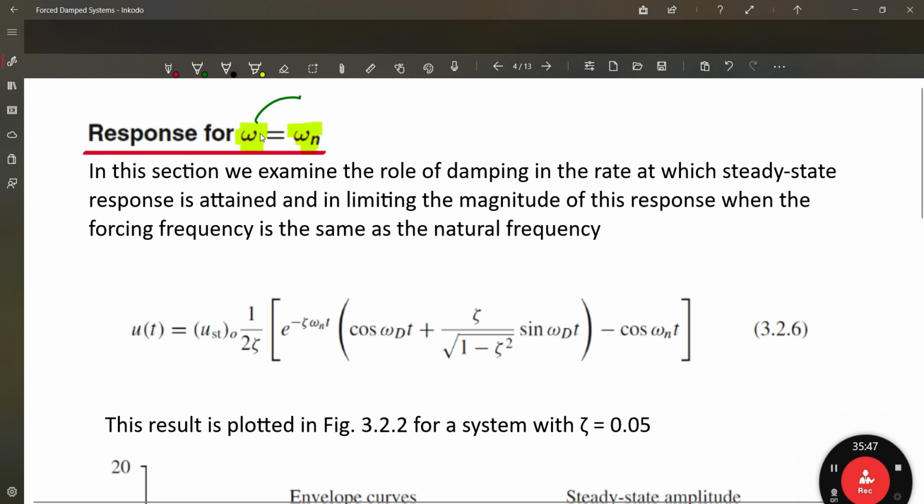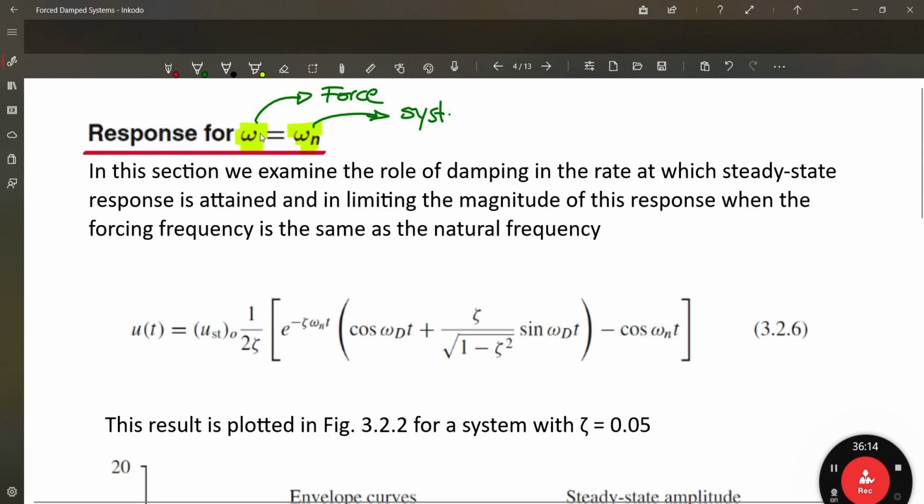Remember, this is coming from the force, this is coming from the system itself. So they are the same, which we are going to call resonance, okay? So this is what we want to understand. What will happen in the case where we have the forcing frequency equal to the system frequency?